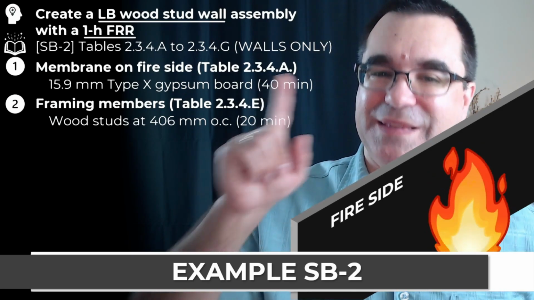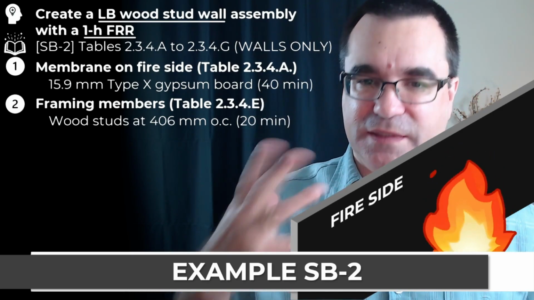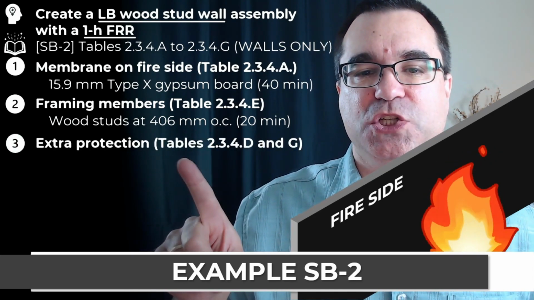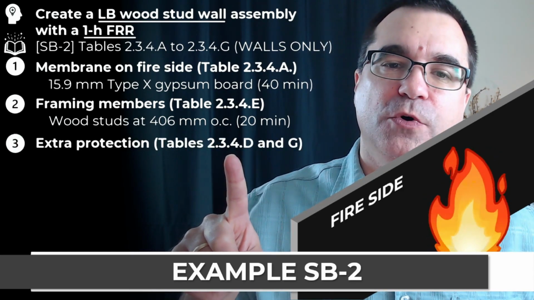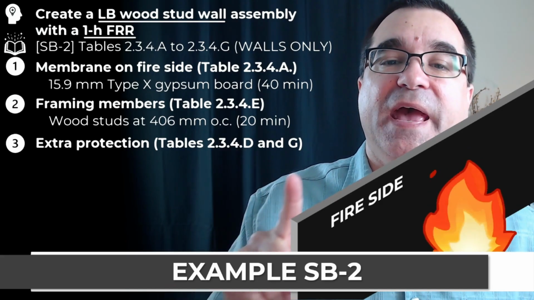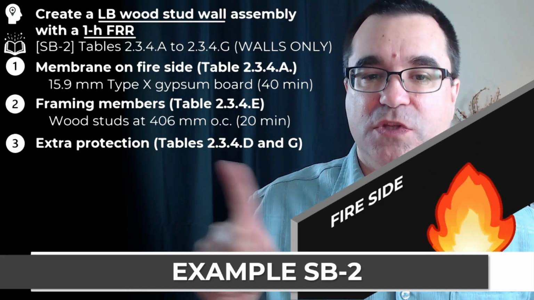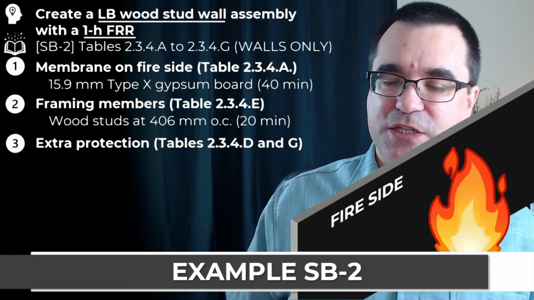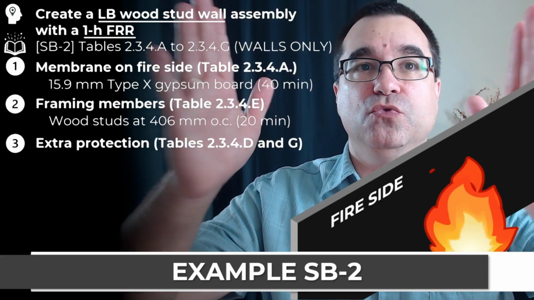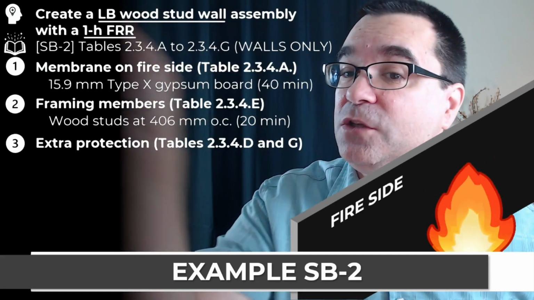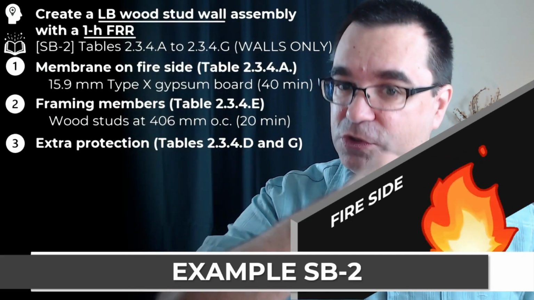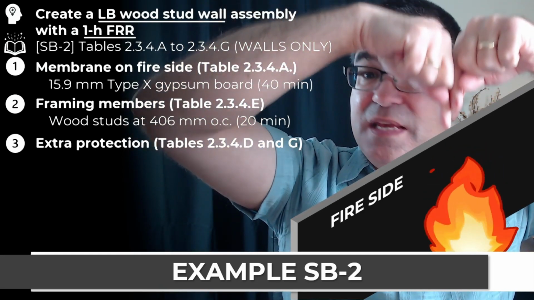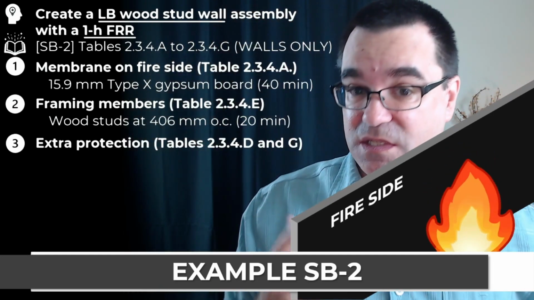Good. The last step is to look at additional contribution that is added by extra protection that can be found in table 2.3.4d and c. These two tables contain extra protection. Go check them out to see what kind of protection it is. It can be stuff that you, I don't know, paint on or put on the outside of the wall, or stuff that you can add inside the wall between the studs, for example.